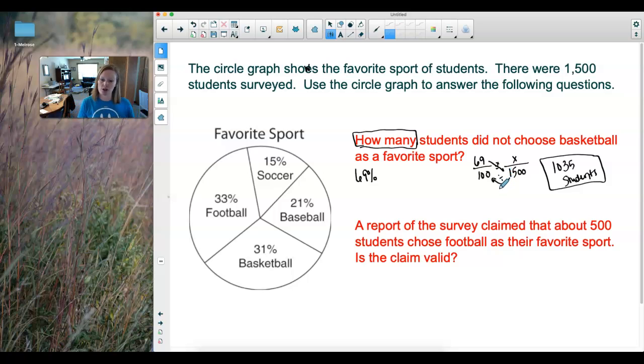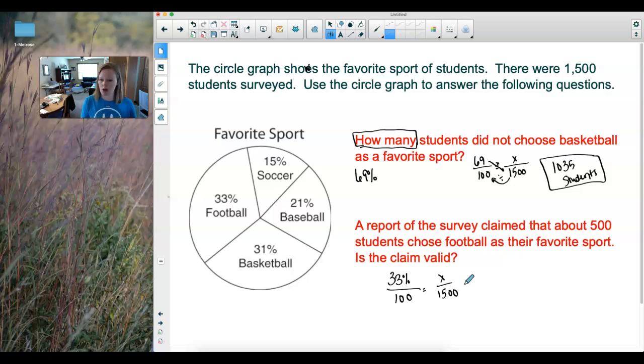Okay, the last question here, a report of a survey claimed that about 500 students chose football as their favorite sport. Is the claim valid? So we want to be able to answer yes or no. So if 33% of them chose football, let's set up our proportion. 33 over 100, X over 1,500. And then we would do 33 times 1,500 divided by 100.